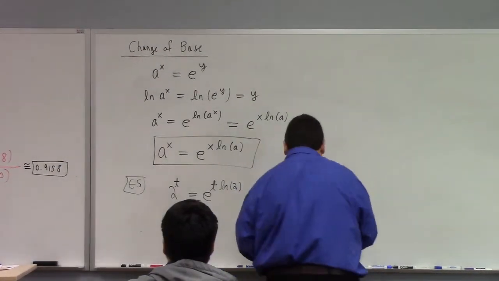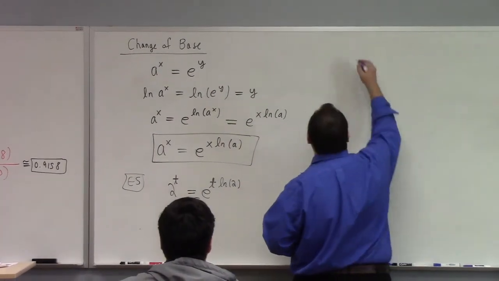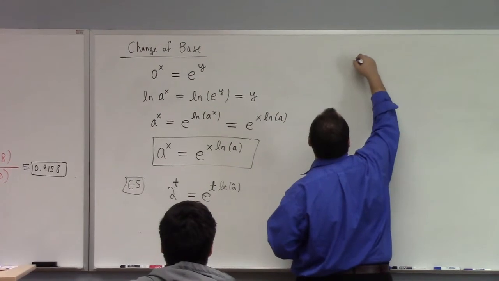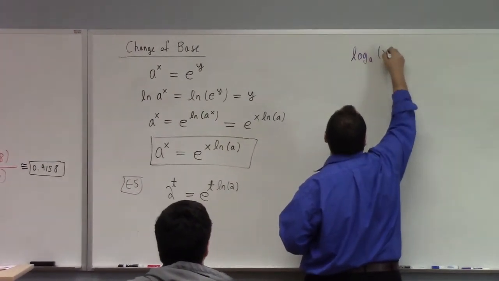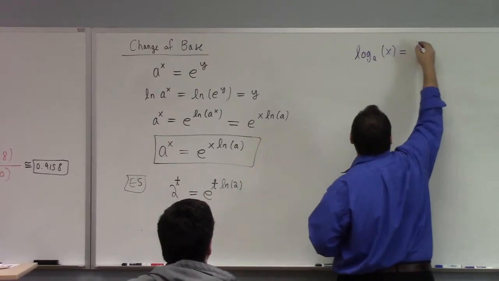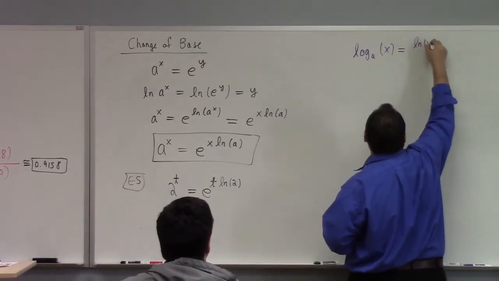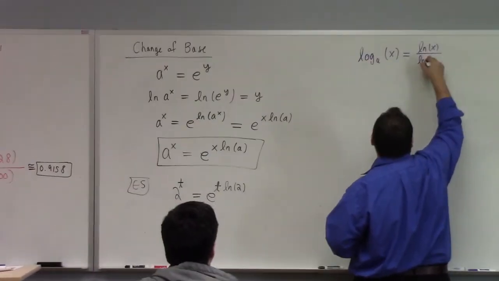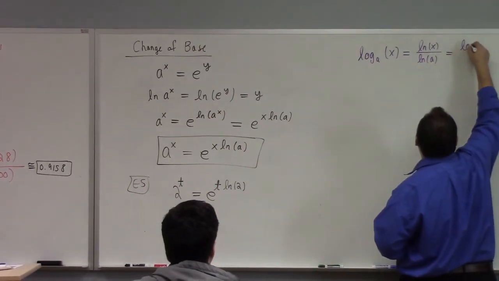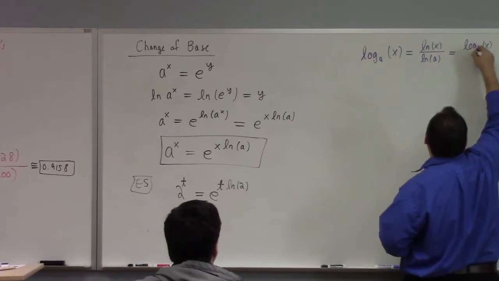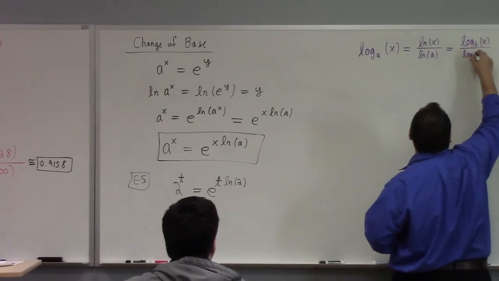Okay, anyway. There's also a change of base for the log. And here's how it goes. If we have log base a of x, we can rewrite that as the natural log of x divided by the natural log of a. More generally but less usefully, that's also log base b of x divided by log base b of a.